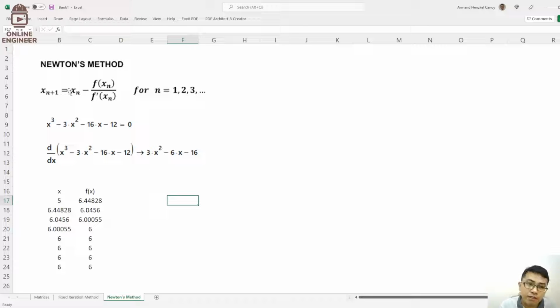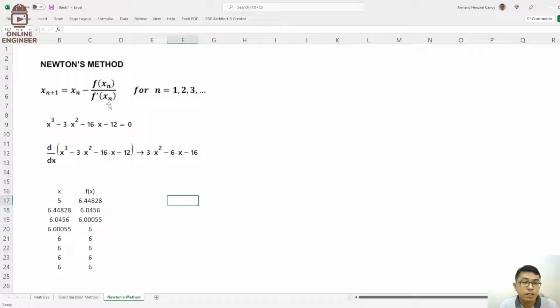That's actually the initial value of x here. Okay. So the calculator actually uses this principle. So the new value of x is equal to the old value of x, the previous value of x, the assumed value of x, or the initial value of x, minus f of x_n over f prime of x_n.